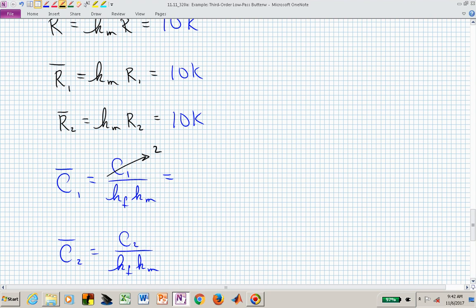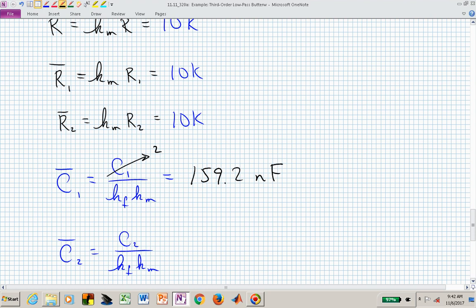K sub F was 400 pi. K sub M was 10,000. And if you do that math, you'll now find a more realistic or reasonable capacitor of 159.2 nanofarads.